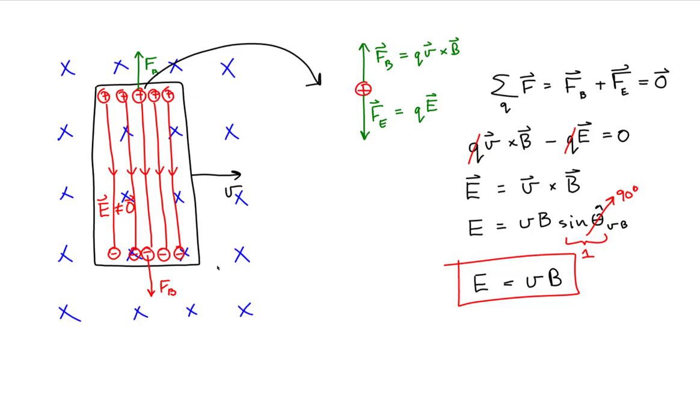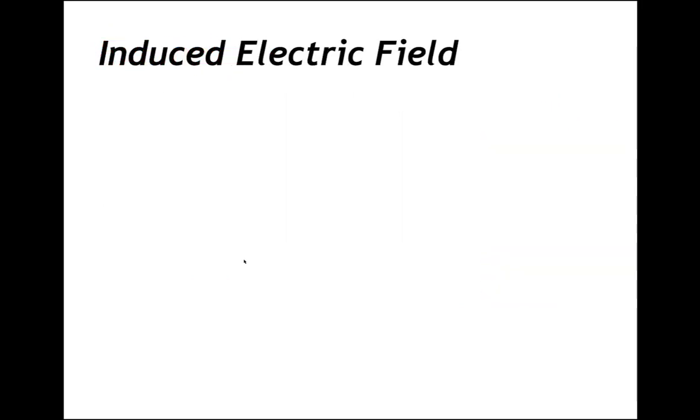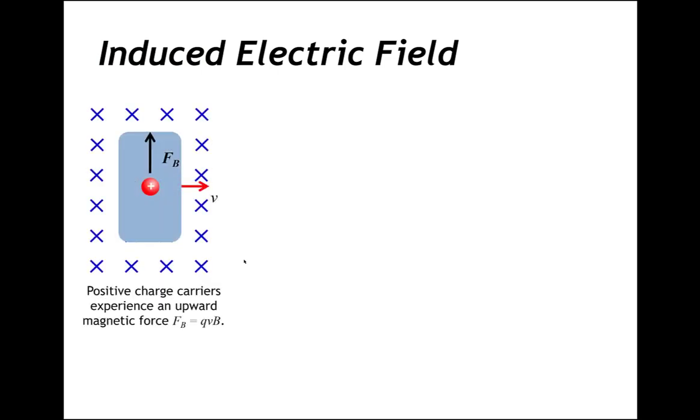So let's look at the sequence of events that led us to this result. So we see that we've induced an electric field. We started off by looking at the charge carriers.